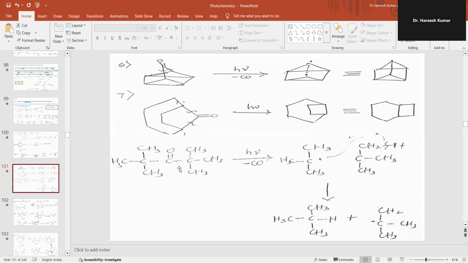So a symmetrical ketone on Norrish type 1 reaction, alpha cleavage here, forms two tertiary butyl radicals, and these can pick up a hydrogen radical from another substrate, forming isobutane as the product. I will go to the next slide.